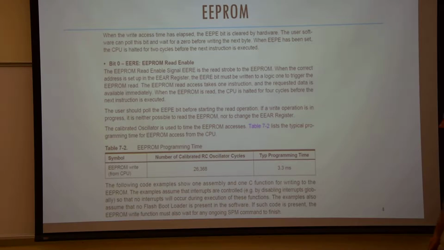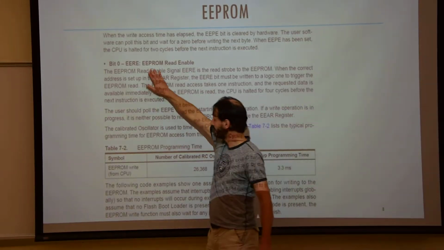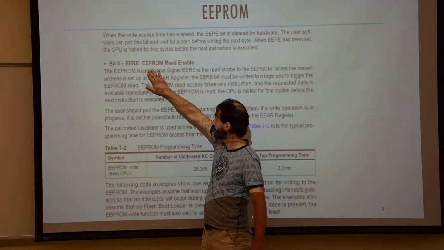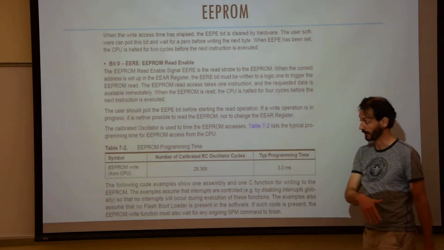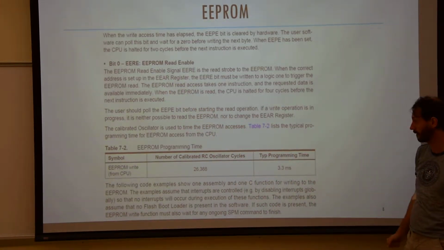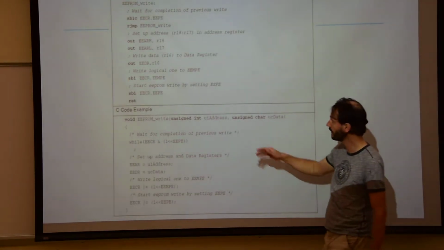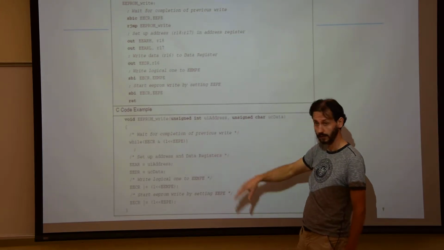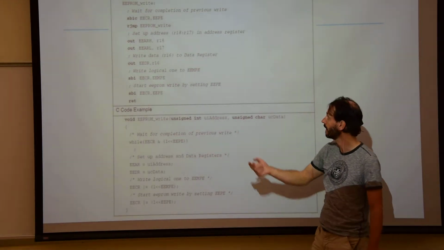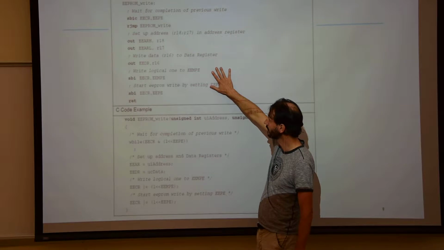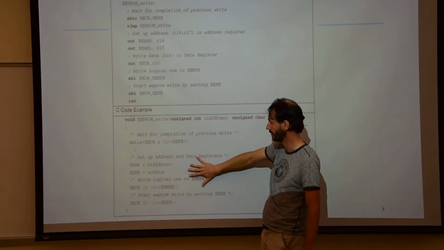Now, alright, so we have more bits in that particular control register. This is the EEPROM read enable. We talked about a write enable, so it's something similar. Then we have, if you look at the data sheet, you see a code like this. It always comes in 2 kinds. One is assembly code, and one is C code.